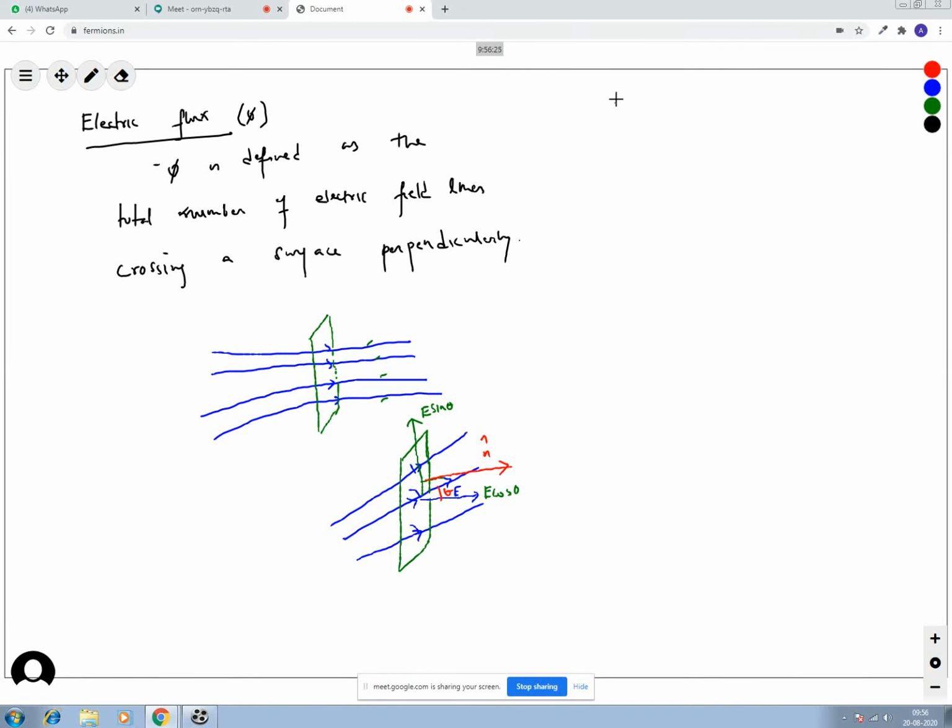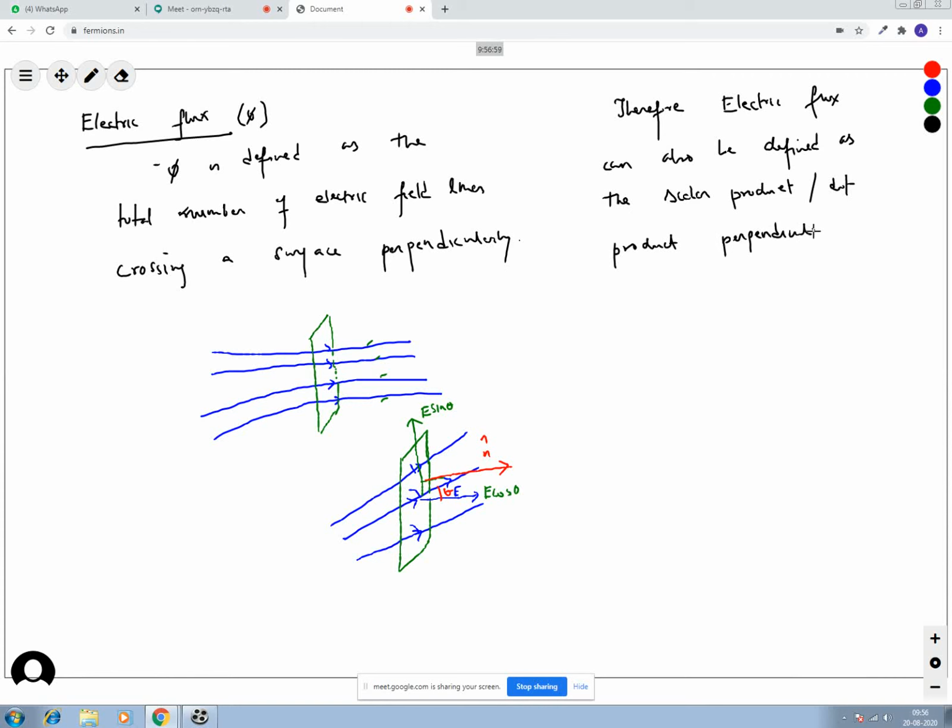Based on this, therefore electric flux can also be defined as the scalar product or dot product of the perpendicular component of electric field along the direction of the area.